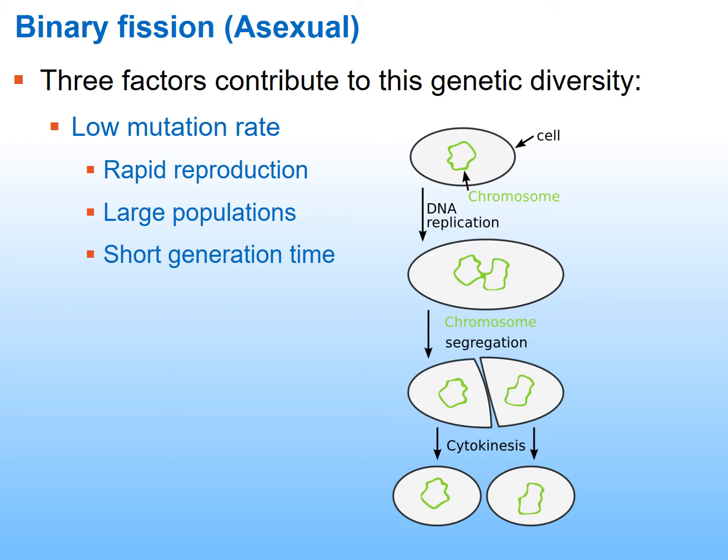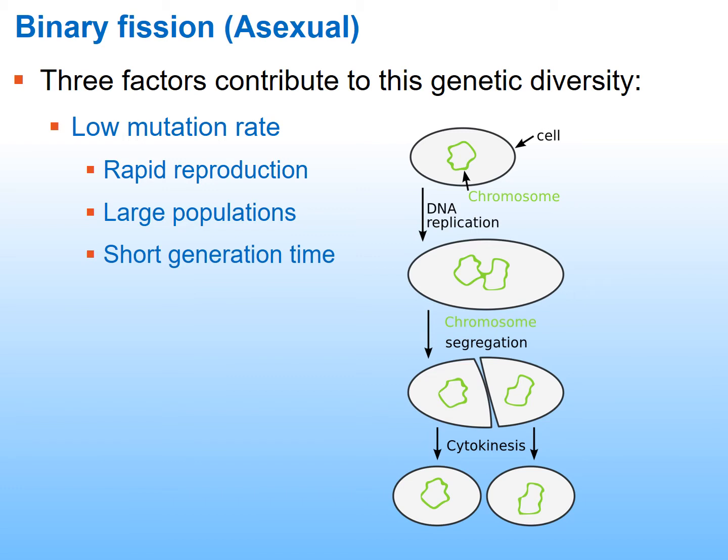All of this together contributes to more genetic diversity. Even though the mutation rate is low, the rate is per generation. So if the generation time is short, there are going to be more generations, which increases the number of mutations and increases the genetic diversity.